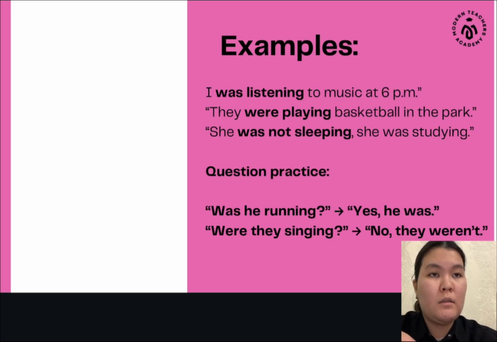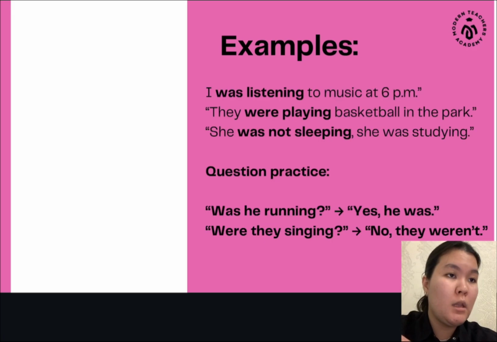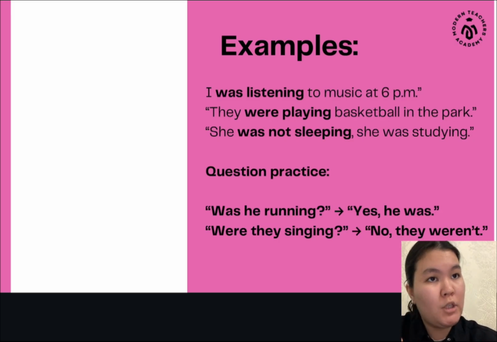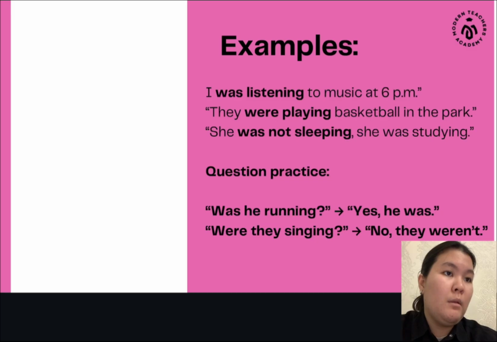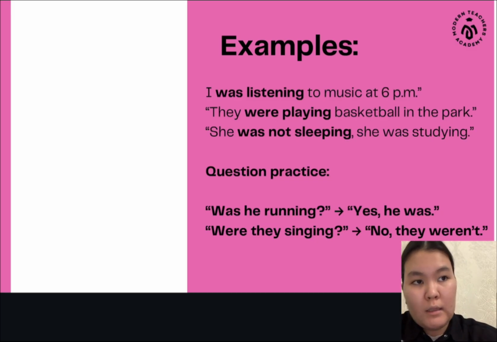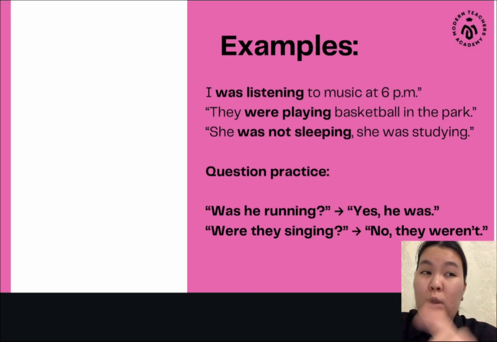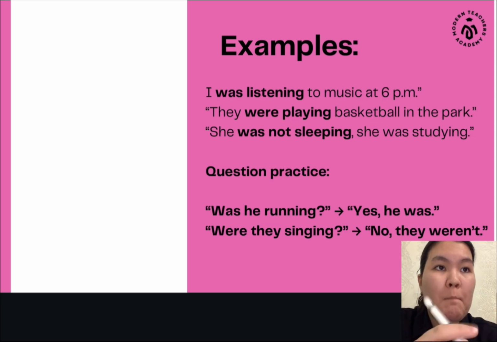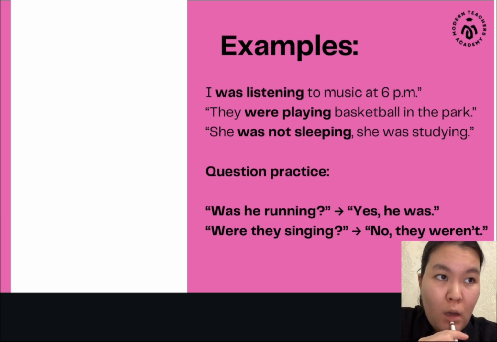In the first sentence we started with I, then was listening. I was listening to music at 6 p.m. I is our subject. With I we use was, then listen is our verb plus ing. Then in the next sentence we started with they. With they we use, of course, were, then play is our verb, and at the end of the verb you can see ing.